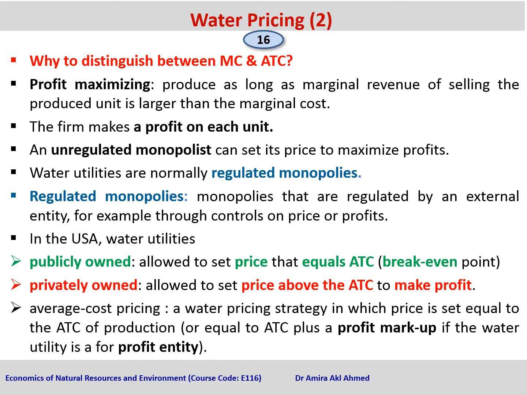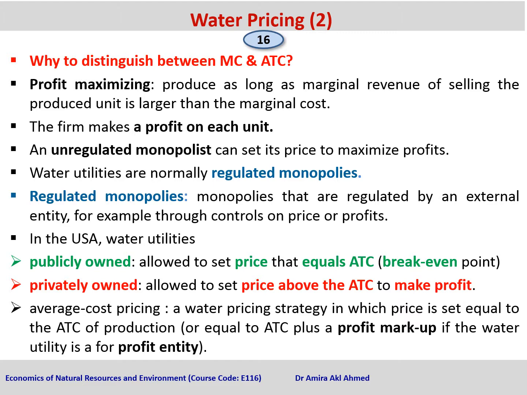In other words, price is set equal to average total cost, implying that firms will just break even. Both private and public water utilities use the average cost pricing strategy.